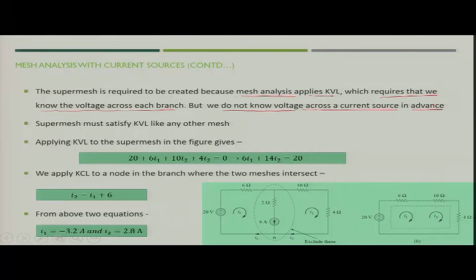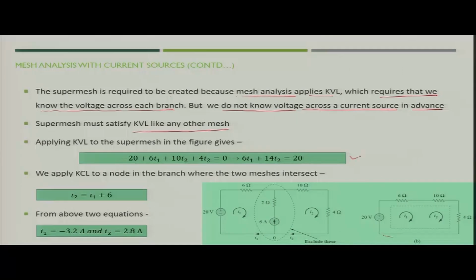So we will use the super mesh and apply KVL to that super mesh. It will start with minus 20 plus 6 I1 plus 10 into I2 plus 4 I2 equal to 0. If you simplify it, you get 6 I1 plus 14 I2 is equal to 0.